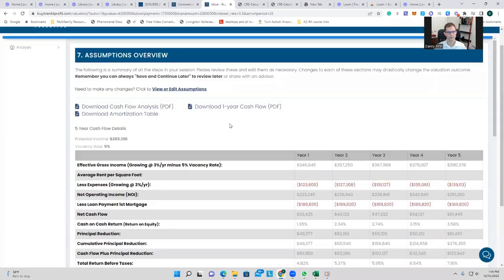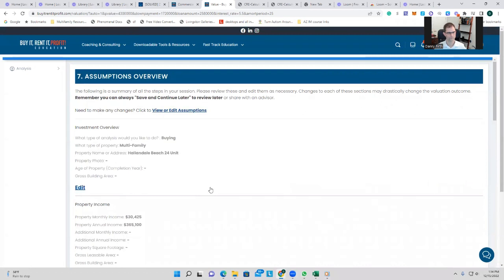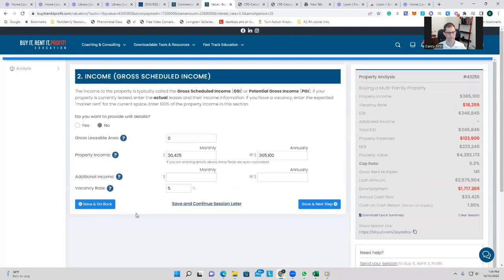And then what you can do is you can go back here to view or edit assumptions and annual income. And so, I looked at this property and the rents are about $250 below market rent.